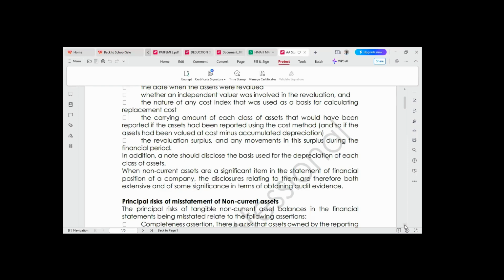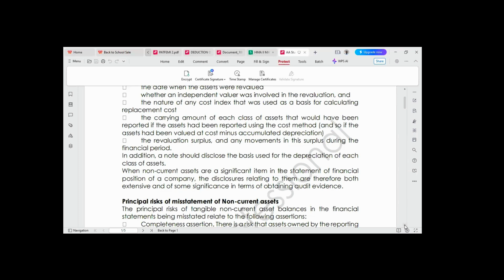And I said that there are three components of audit risk. We have inherent risk, control risk, and detection risk. Now, inherent risk, I said that these are risks that by their nature are susceptible to manipulation. And I gave instances, right?